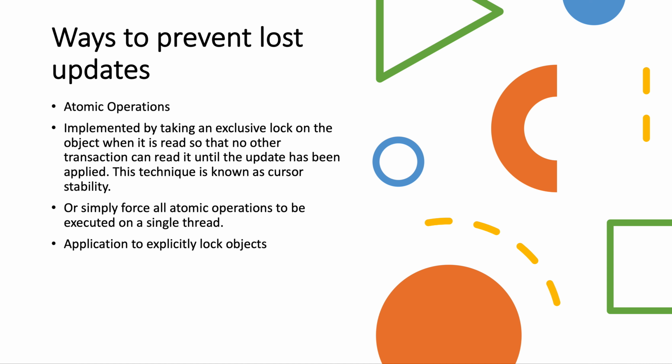For example, in a multiplayer game in which several players can move the same figure concurrently, an atomic operation might not be sufficient, because we also have to abide by the rules of the game, which involve some logic that we cannot implement using a database query or atomic operations. So these are the ways to prevent lost updates.